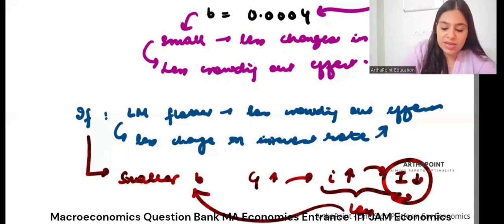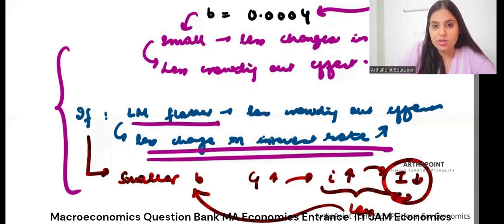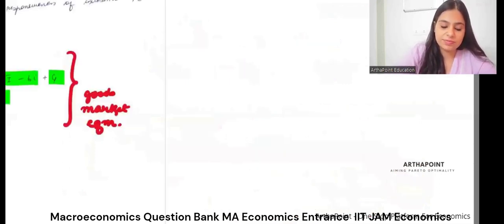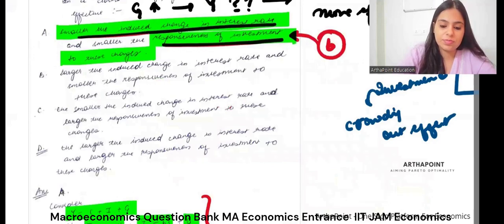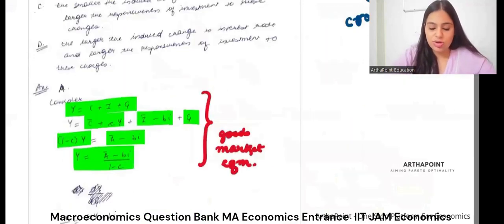So the lower the B and the flatter the LM curve, or the lesser the change in interest rate, the more effective the fiscal policy is. So the answer will be A. I've tried to do this mathematically also, you can do it.